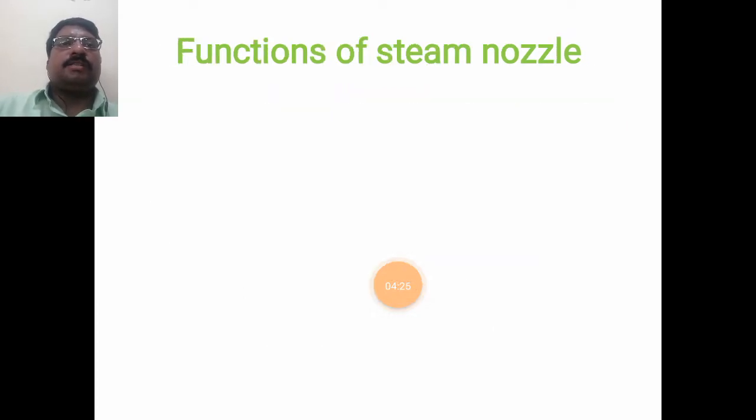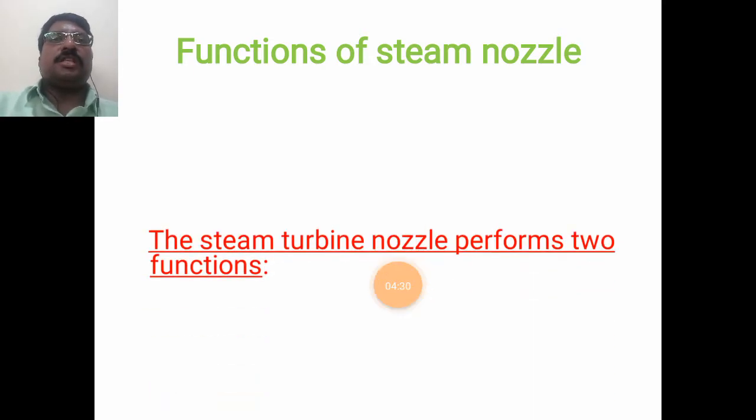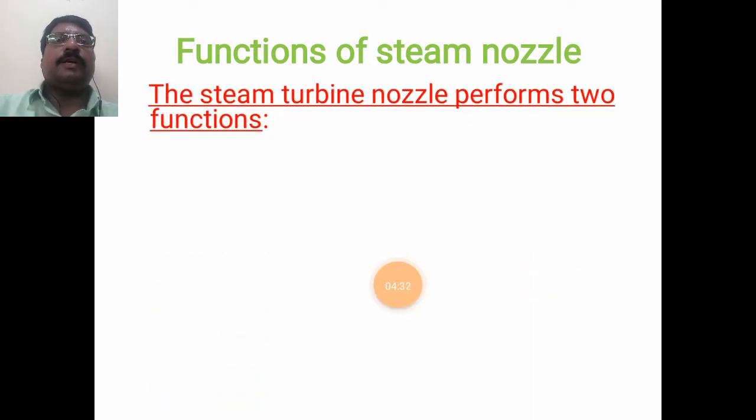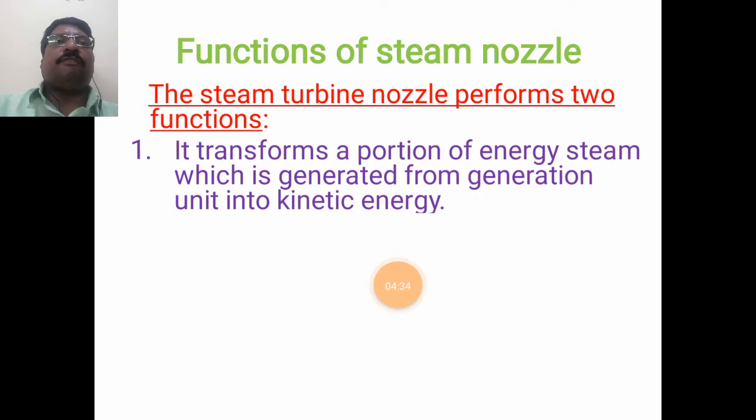So next, what are the functions of steam nozzles? We have two major functions of steam nozzle. The first function is that it transforms a portion of the energy of steam, which is generated from the generation unit, into kinetic energy. That means whatever steam is produced in the boiler is passed first into the nozzle.